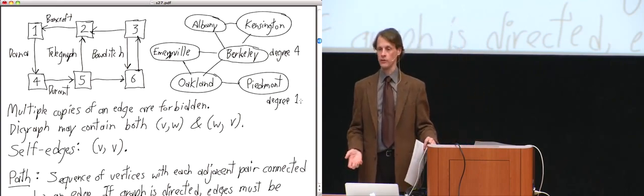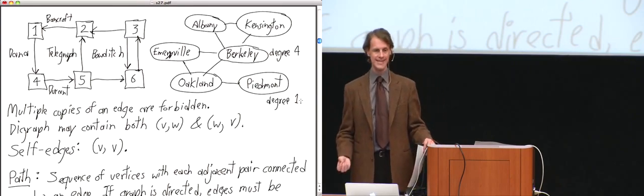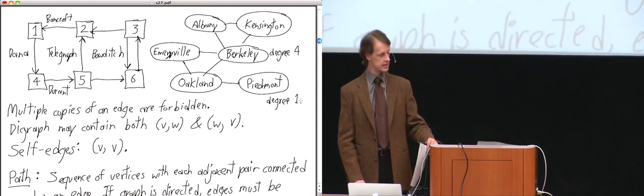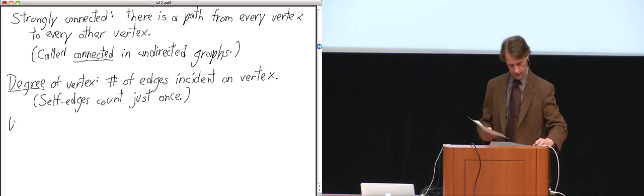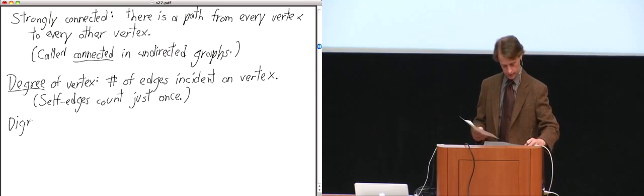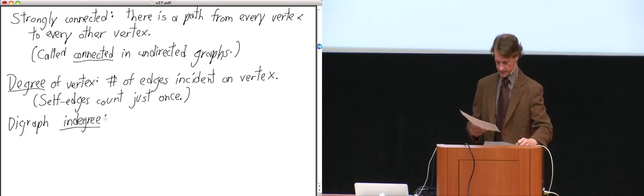Usually if we use the word degree, we're probably talking about an undirected graph, because when we're talking about a directed graph, we usually use the words in degree and out degree instead. So in a directed graph, the in degree is the number of edges that point at a vertex.